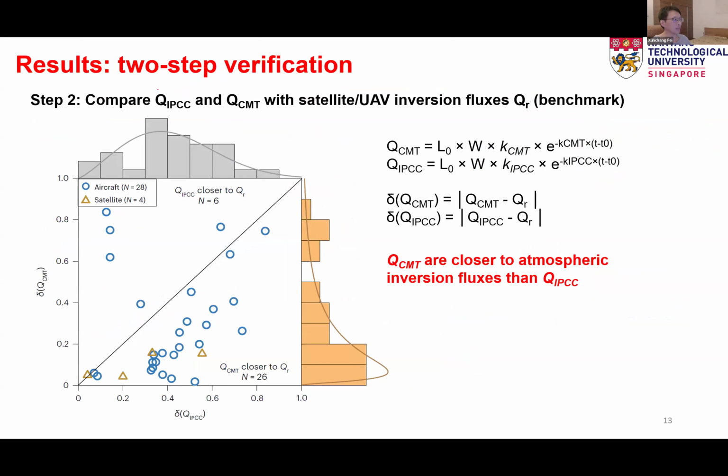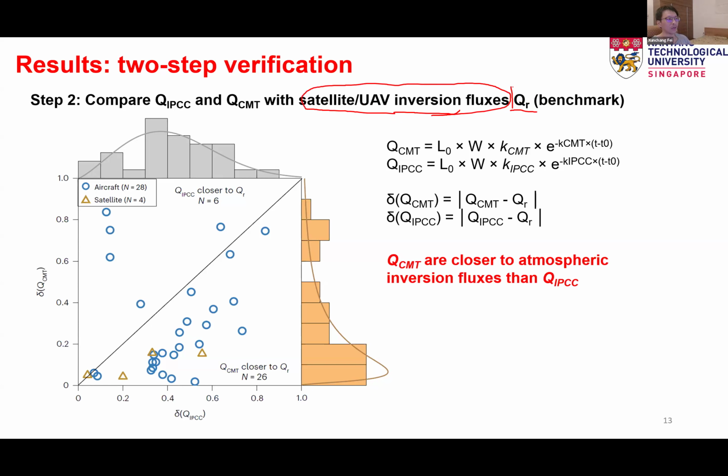This is because of the inversion method, because all the satellite or UAV airplane measurements only show spontaneous flux. So usually they do not report K value for the landfills. They report this flux Q for the landfill site.